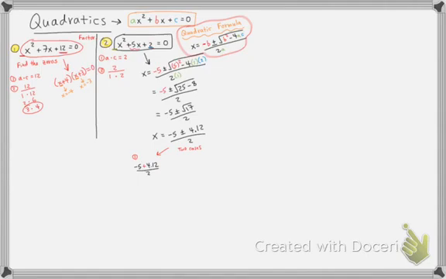So negative 5 plus 4.12 is, I believe, negative 0.88. Yep. And negative 0.88 divided by 2 is negative 0.44. So x could be negative 0.44 to make the equation 0, okay?